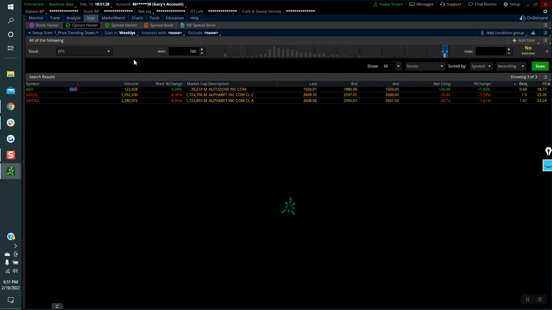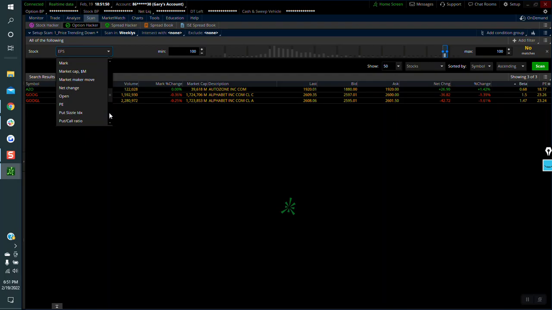You got basically 3 tickers showing on the scan, I don't know what that is. But at any rate, you play with it and you can see how to do this.